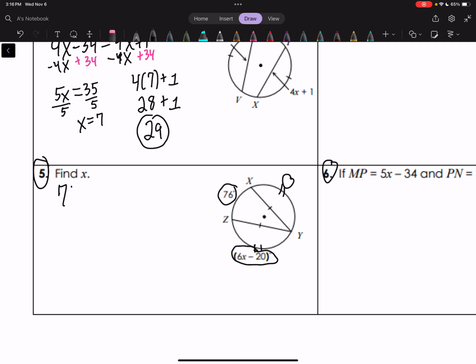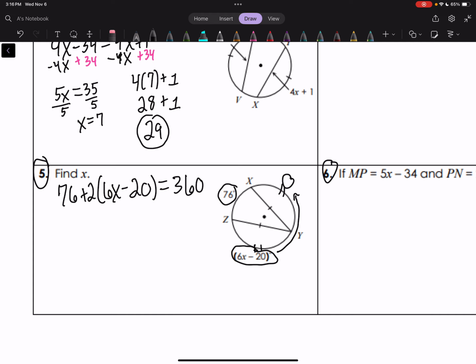So I'm going to do 76 plus 6x minus 20. The top right one is 6x minus 20. Now I could write another 6x minus 20 for the top right, or I can just do 2 times it, because there's 2 of them, is equal to 360 degrees.